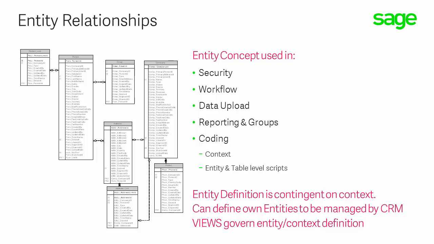And so it's used all the way through in terms of security, workflow, any of the processes that we design and the business rules that we design. We even upload into the company as well, if we're carrying out imports of data. And there are structures when we're creating our reports and groups. So this entity is very important, but because it's straddling more than one table, ultimately it's down to views.